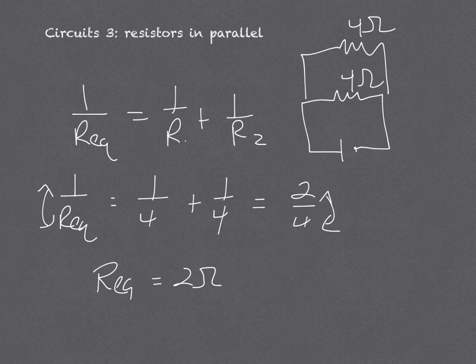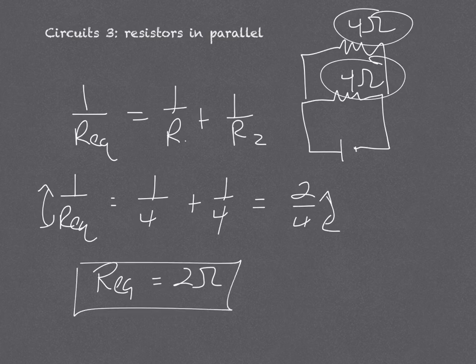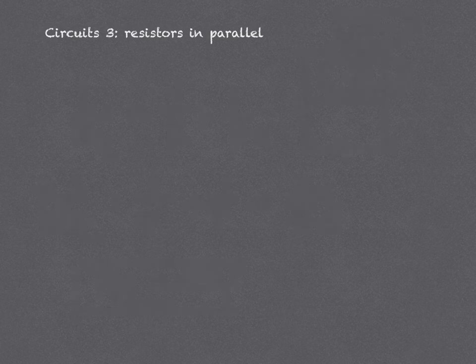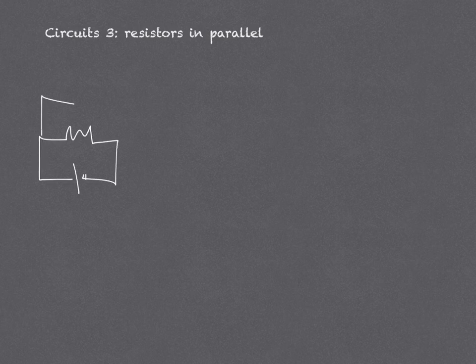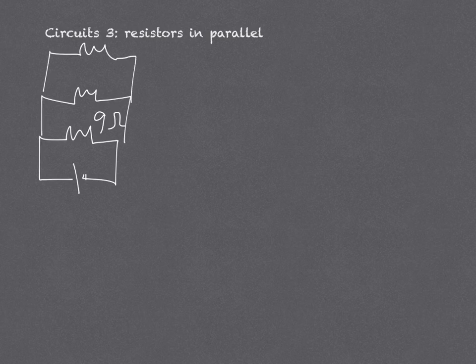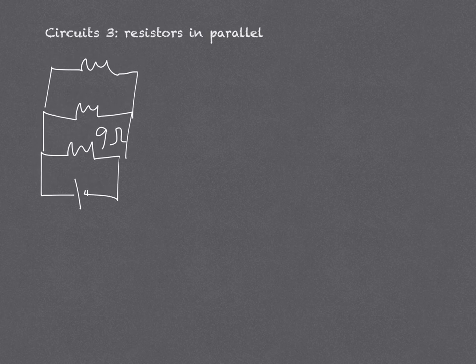Okay, so what we see is if we have 2 4-ohm resistors, we take the value of the resistor, which is 4, and the number of them, divide those together, so you have 4 divided by 2 of them, you get an equivalent resistance of 2. All right, so let's add 3 together. And I'm going to make these all 9 ohms.